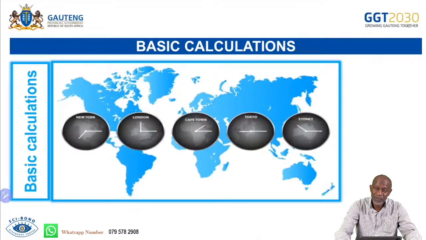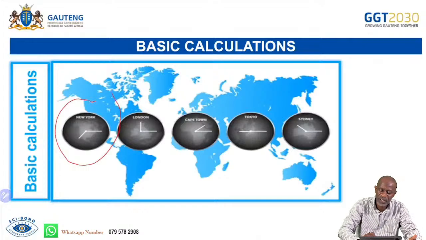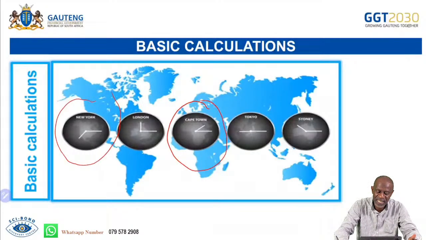These are your basic calculations. They are basic in such a way that they give you an indication that different parts of the world have different times. So the time, for instance, in New York may not be the same as the time in Cape Town in South Africa.